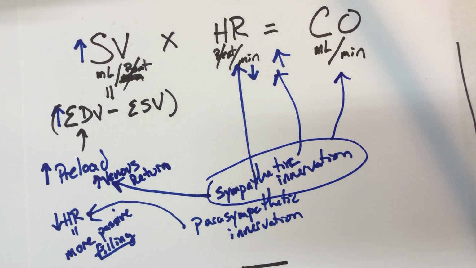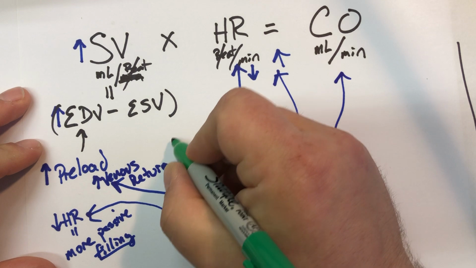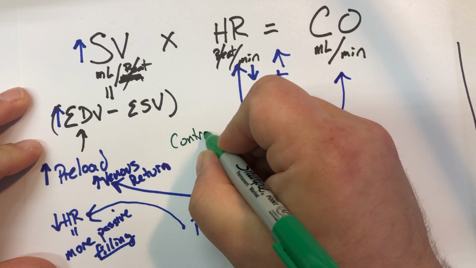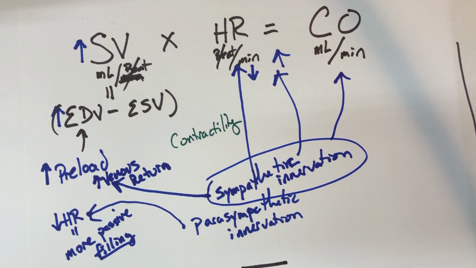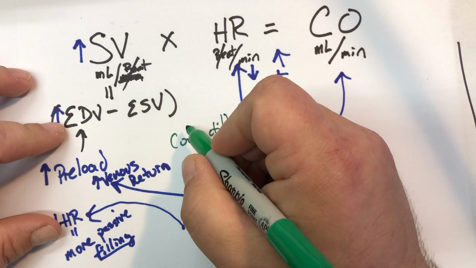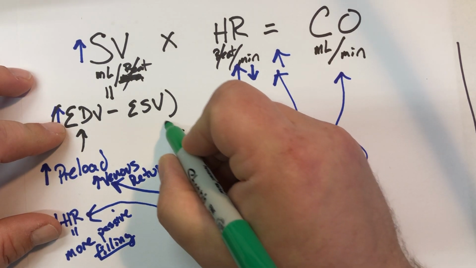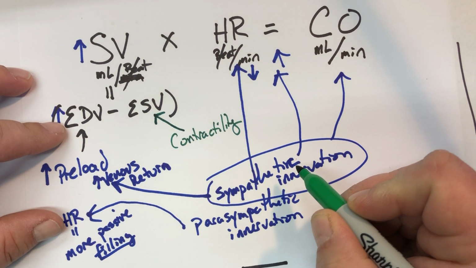All right, second on the list, the second thing that affects stroke volume is contractility. Contractility is a measure of the contraction of the ventricular muscle regardless of preload, regardless of the amount of stretch before contraction. So instead of affecting EDV, contractility affects ESV.